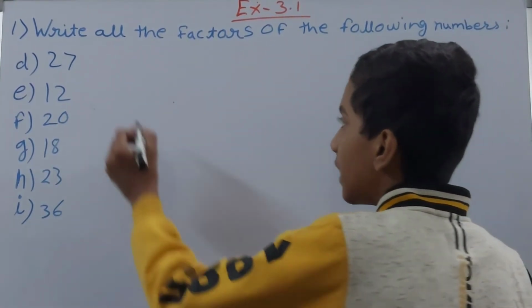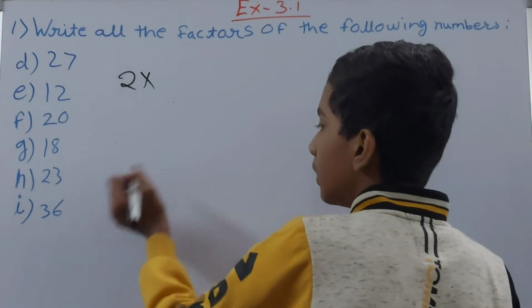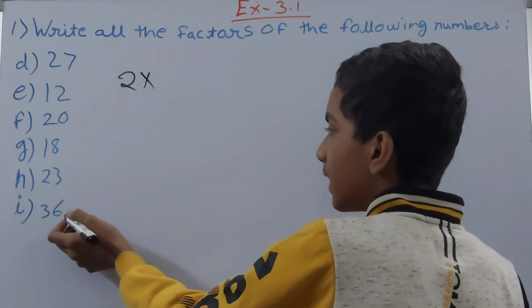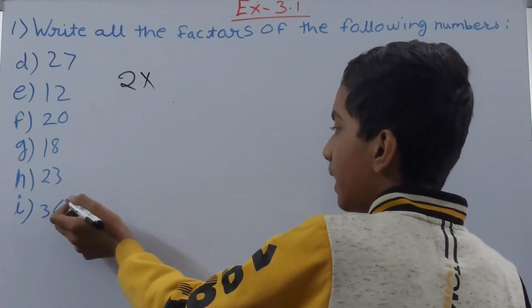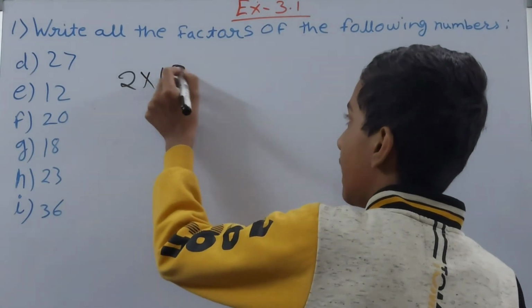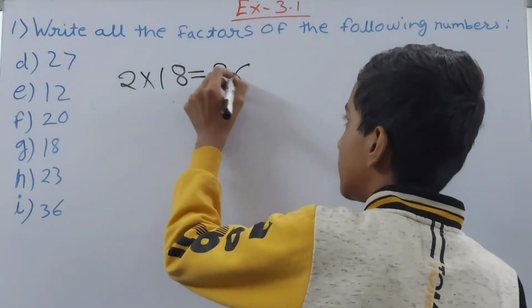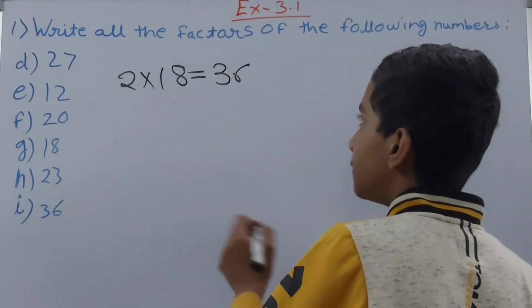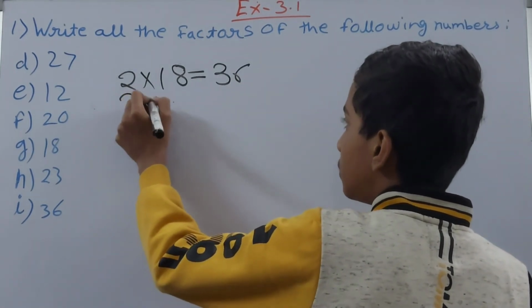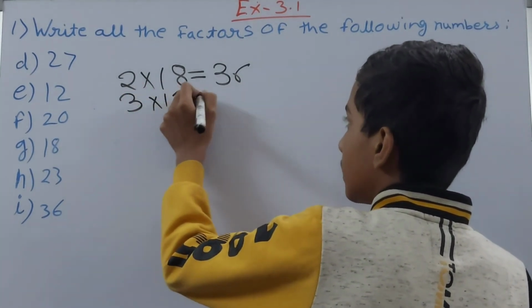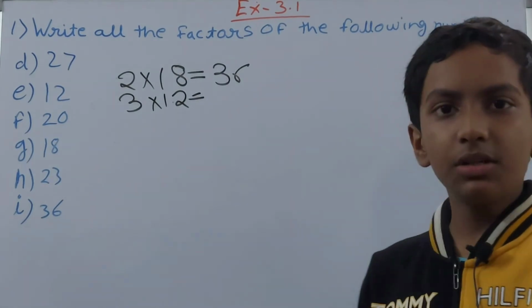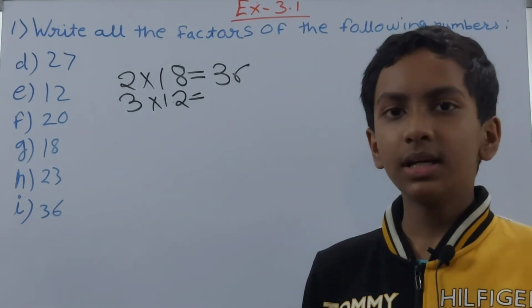Next we have 36. Now we will start from 2 into, you can see 1 and 1 carried over there. So 1 and 8, 2 into 18, that will be 36. Okay, 3, if you see 3 into 12. Okay, so 3 tens are 30, 3 twos are 6, 30 plus 6, 36.